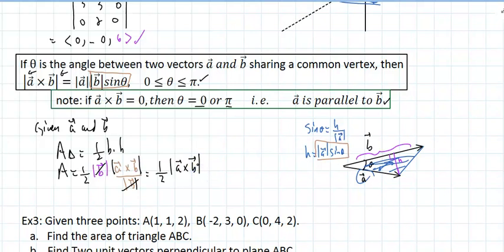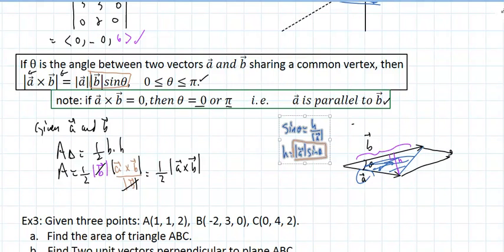Or even better, if I really want to get it out of the way, an easier way to remember, if you find the cross product of two vectors, if you take the magnitude of that, so the magnitude of the cross product is the area of the parallelogram that the two vectors enclose.